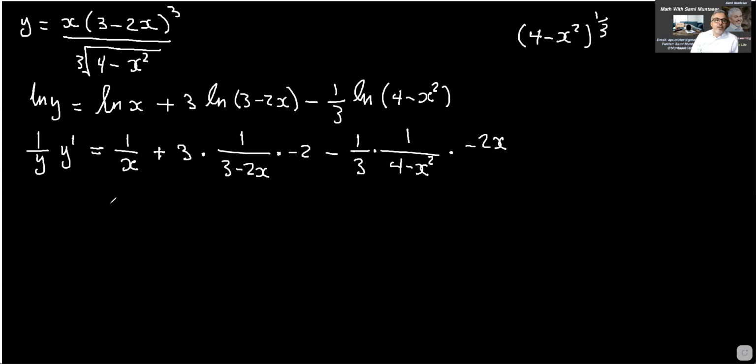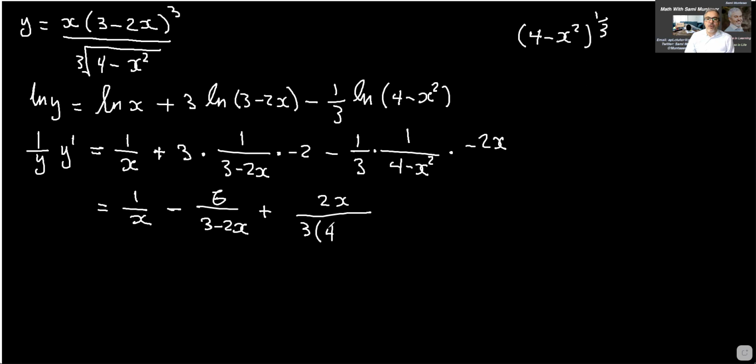All right. So now we will simplify. So 1 over x, a negative and a plus is just going to be minus, and that's going to be 6 over 3 minus 2x. And this here will change to plus because negative and negative right here, and we'll have 2x on top because that's times all at once. Here you get 2x, and we'll have 3 brackets 4 minus x squared on the bottom.